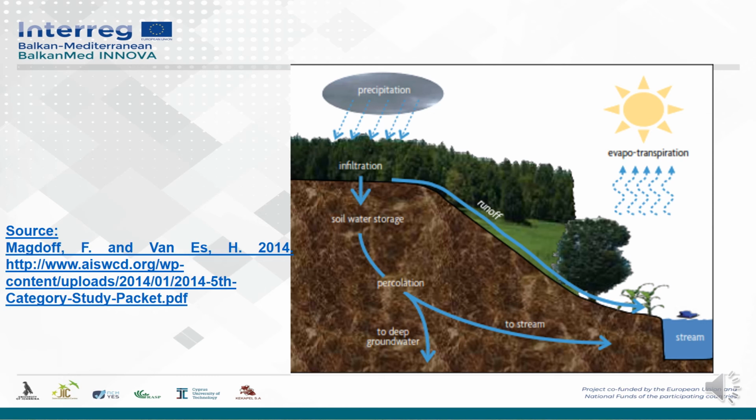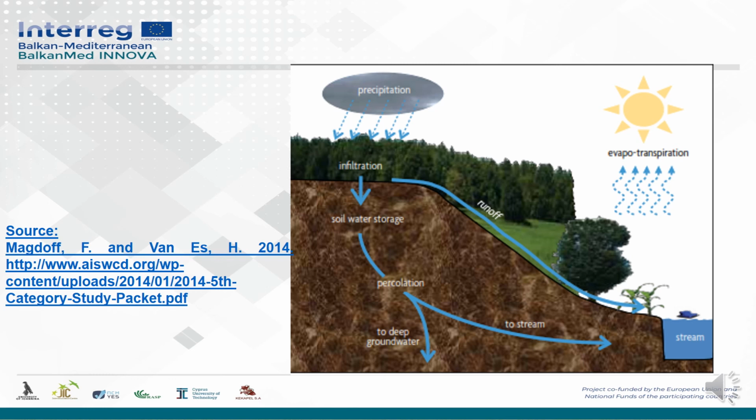This means that a larger quantity of the water will go deep in the soil profile and arrive at the groundwater, and a part of it at the water stream, and a lower quantity of water will go through runoff to the water stream.